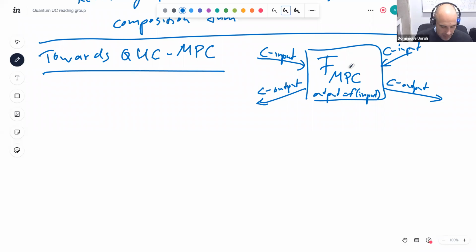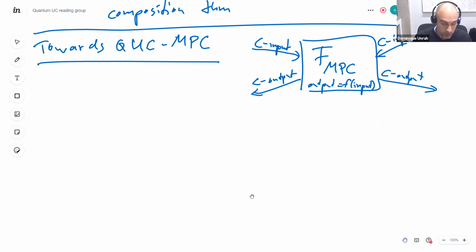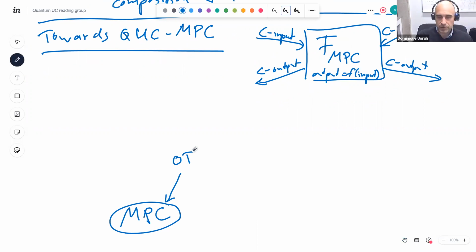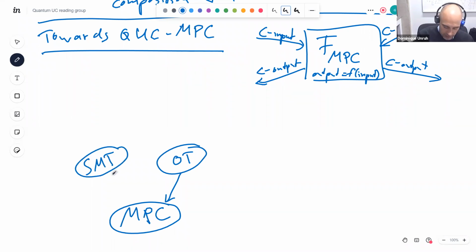So the overall plan, how we will do this: we want to realize MPC, and we do this in the very traditional way of saying we realize an OT functionality. We also realize a secure message transmission, so a secure channel.